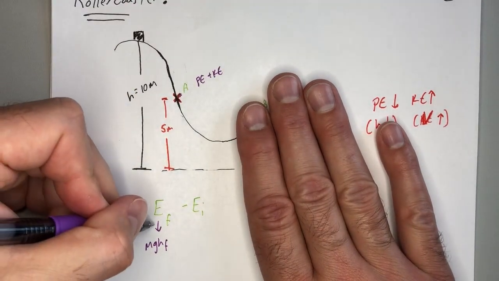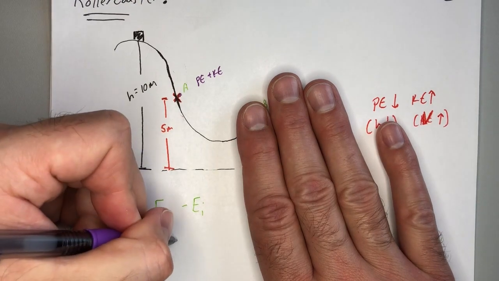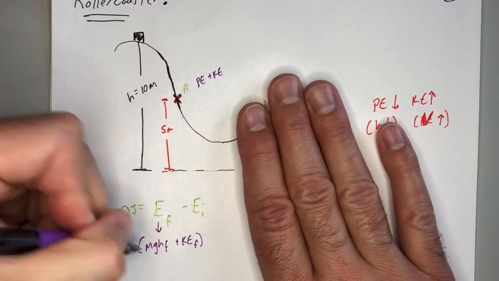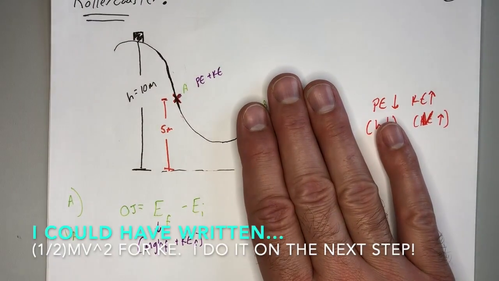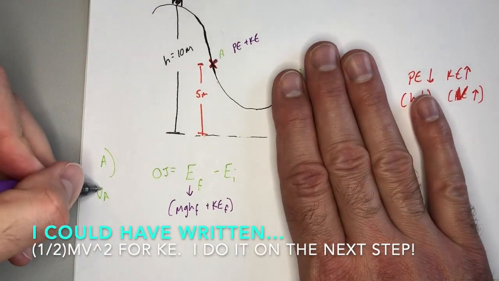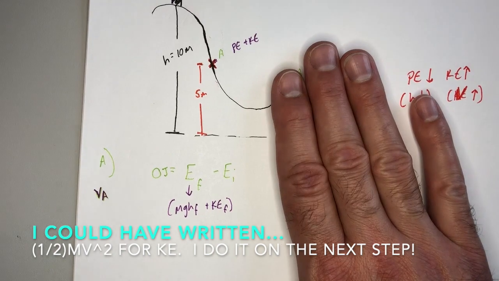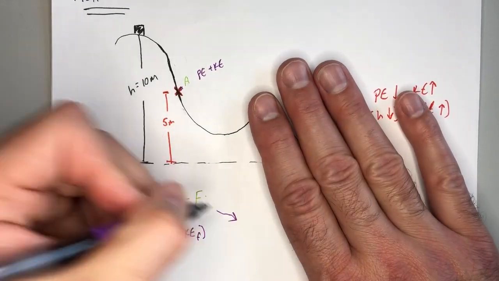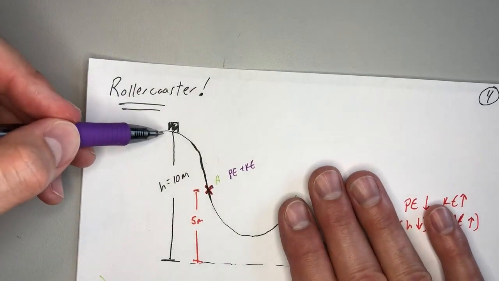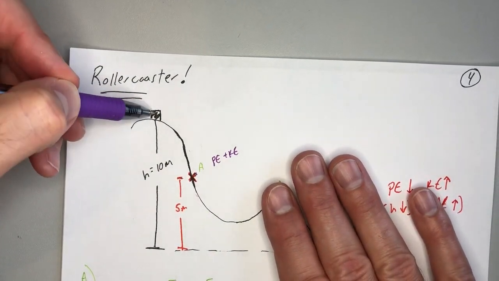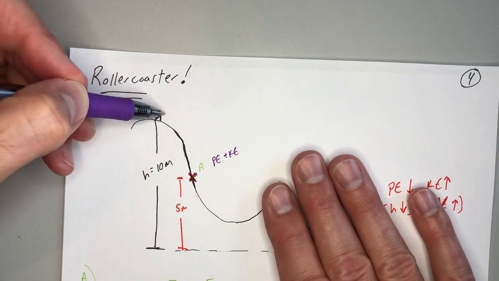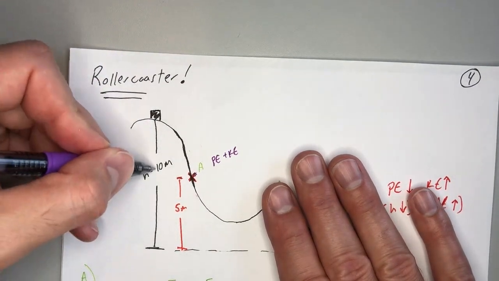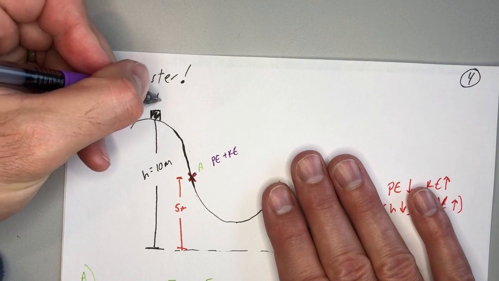So the final energy at this point has PE, but it also has kinetic energy, KE final. That's your energy at point A. I'm keeping in mind that I'm solving for velocity at point A, that's what I'm calling my final, even though I know I'm going to do more in the question. Minus, what was the initial energy at the very beginning? They could have this up in the air, so it has potential. They could have this up in the air and moving, so it has potential and kinetic. I'm going to start a little more simple. I'm just going to say it's up in the air, so it's all PE to start.